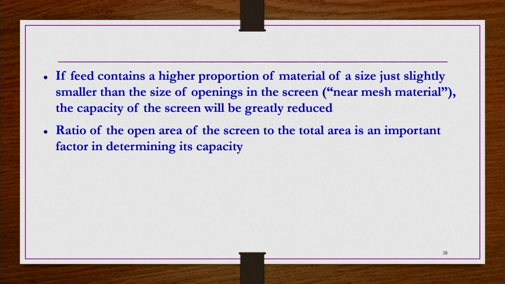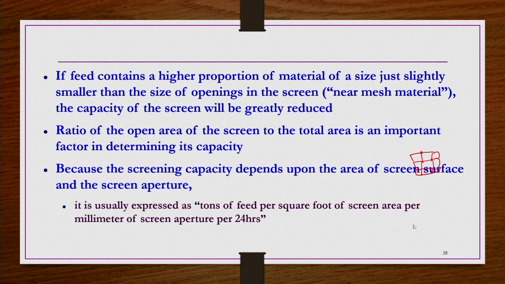The ratio of the open area of the screen to the total area is an important factor in determining its capacity. Whatever the individual square apertures are, those square aperture areas, compared with the effective area of the entire total area of the screen, that ratio of open area to total area is also going to determine its capacity.